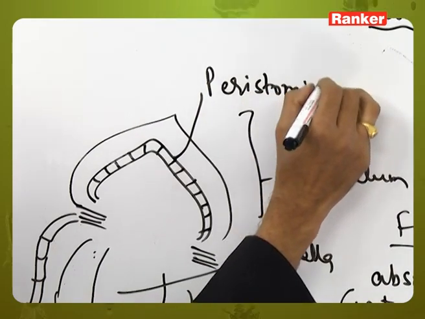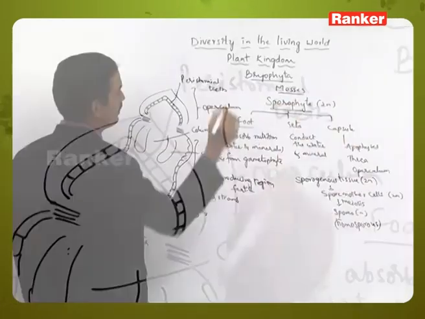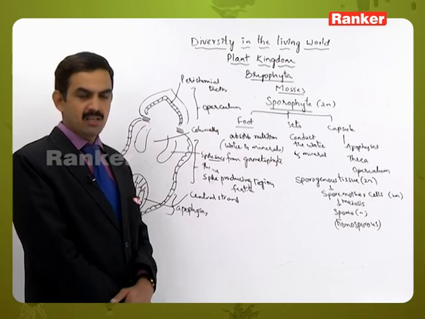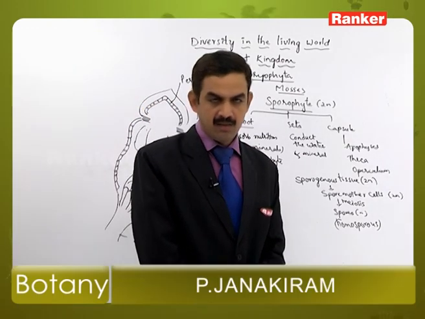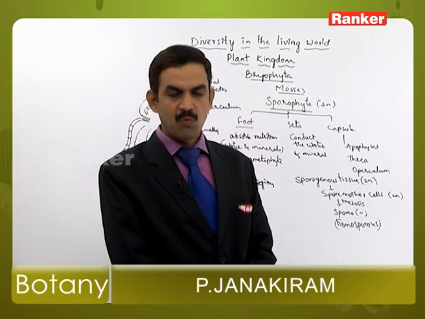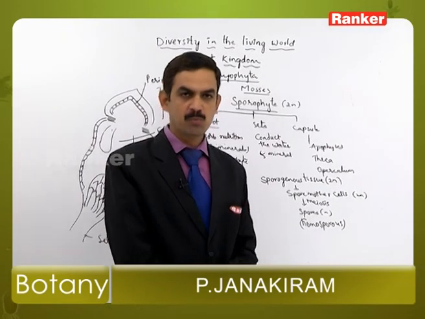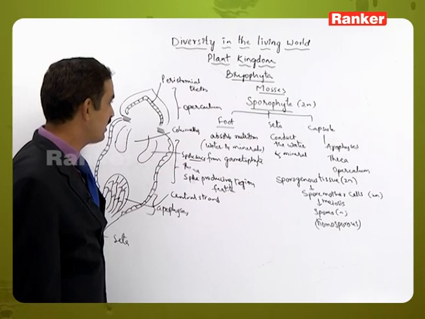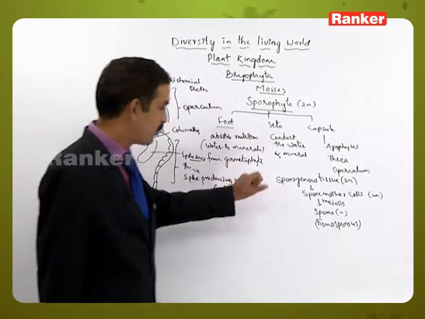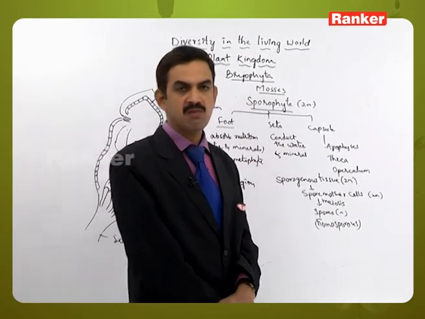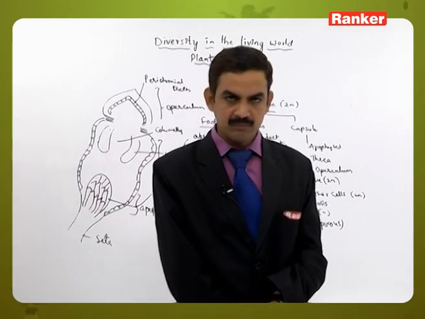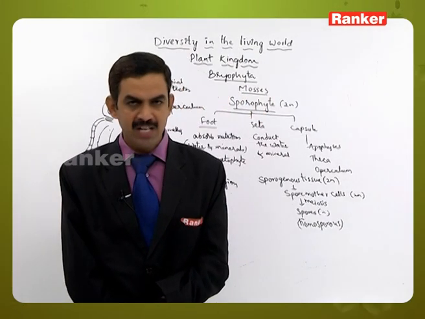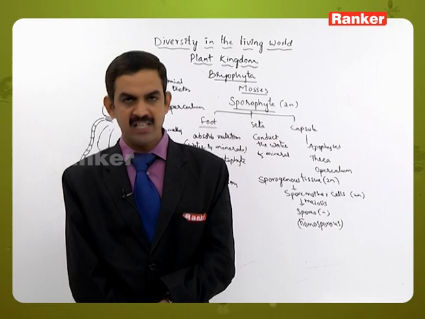In mosses, the elaters which were there in the liverworts are not present. Here the peristomial teeth are the structures which help in the dispersal of the spores, and once the spores are liberated, these spores will fall on a suitable substratum and germinate and give rise to the gametophytic generation.